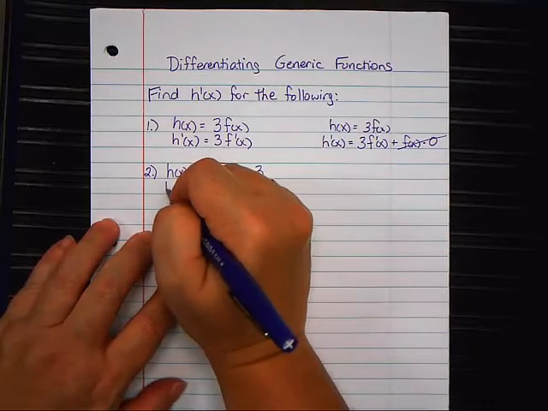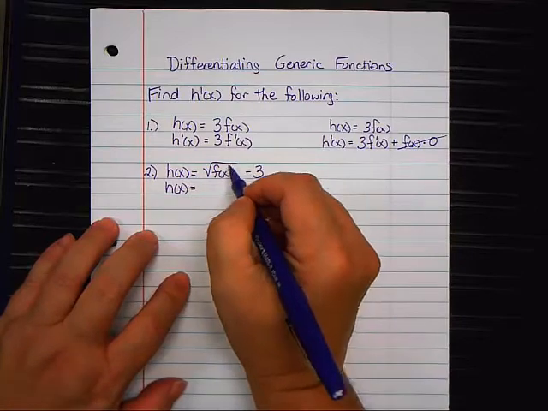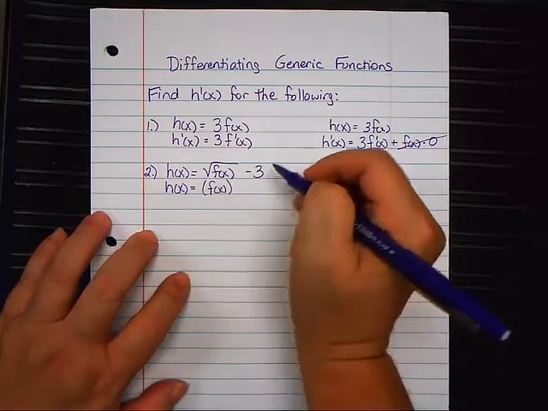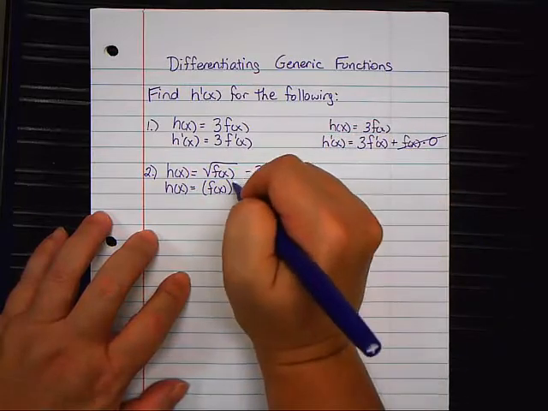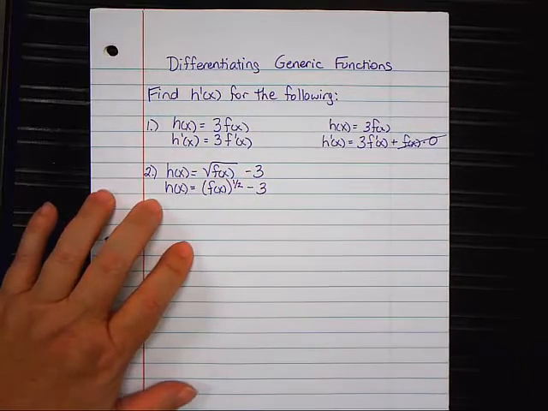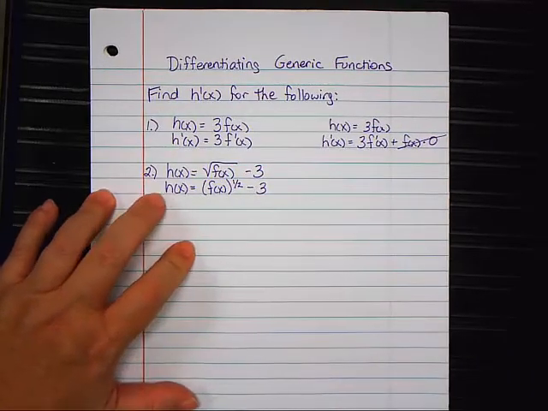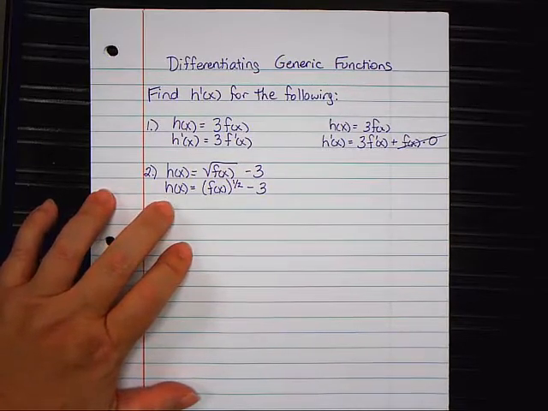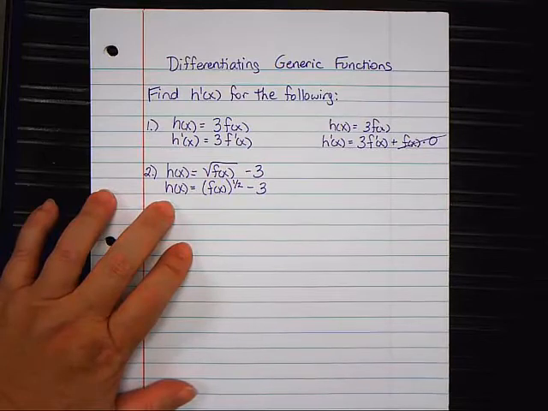Now, I always told you whenever you take a derivative, change square roots to the exponent form. f of x to the what power? 1/2, minus 3. Okay? It is very important, and I will take off on the test if you don't, that you write h of x or whatever, y, f of x, until you start taking the derivative, and then you better start writing h prime or f prime or y prime or whatever.